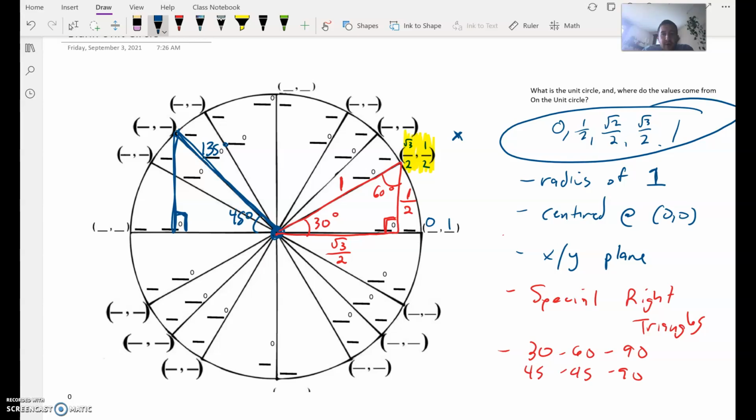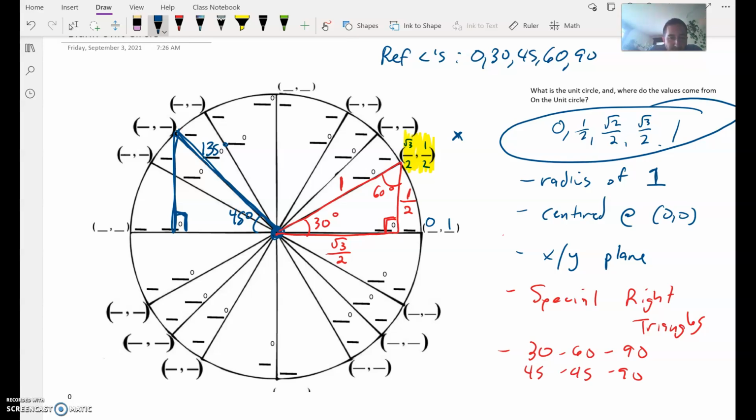Remember, your reference angles are that little distance between the angle and the x-axis. And your reference angles will always be either 0, 30, 45, 60, or 90. It would never be more, because then you could go the different direction to the x-axis.